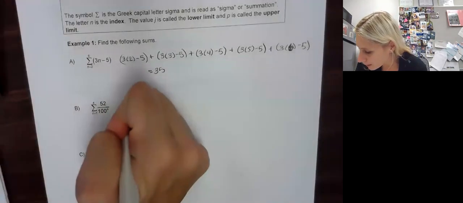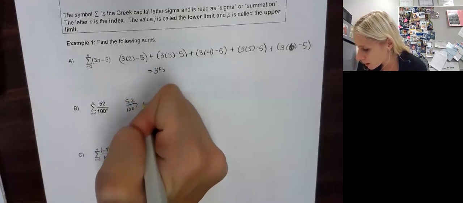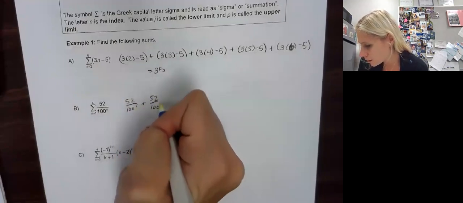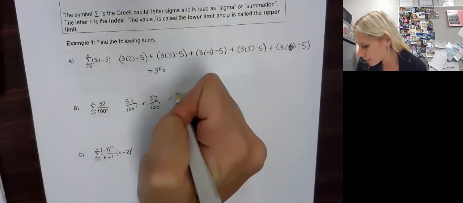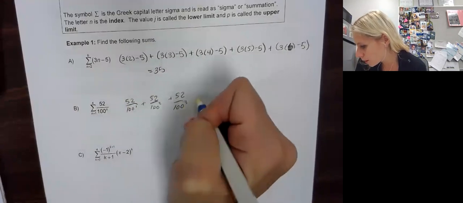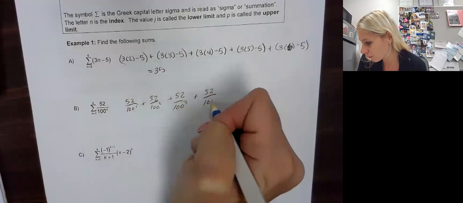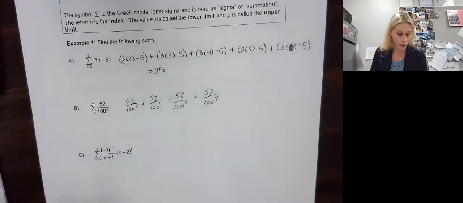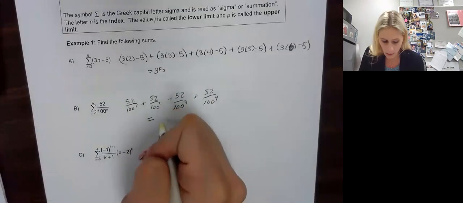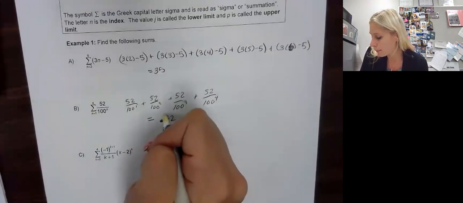So I get 52 over 100 to the first plus 52 over 100 squared plus 52 over 100 to the third plus 52 over 100 to the fourth. Luckily for us, we don't have to go further because it just keeps going and going and going. What we find out in our calculator is it comes out to 0.52 repeating.